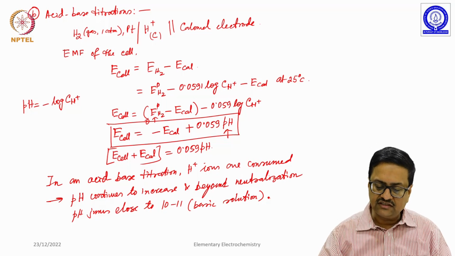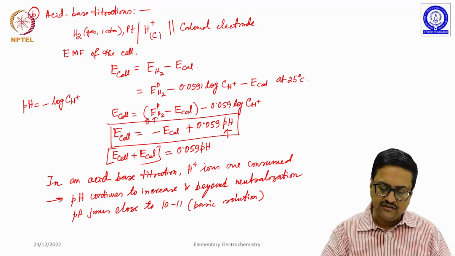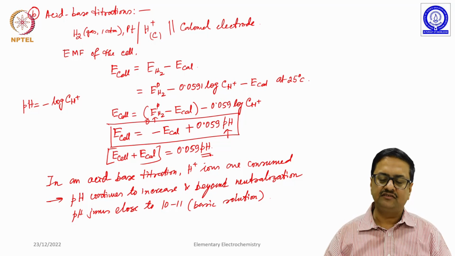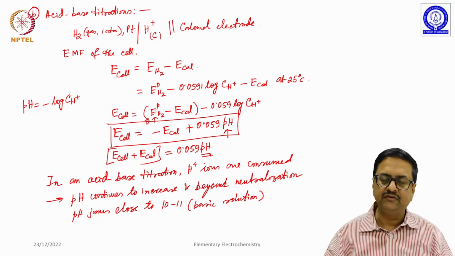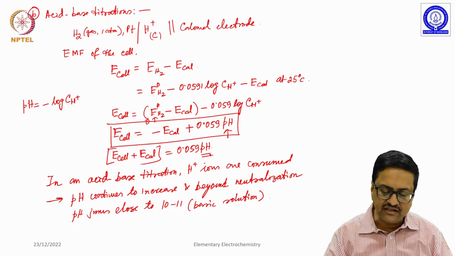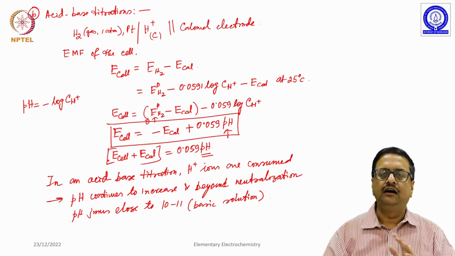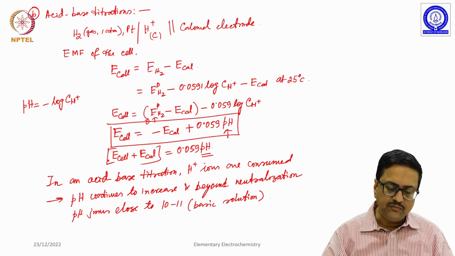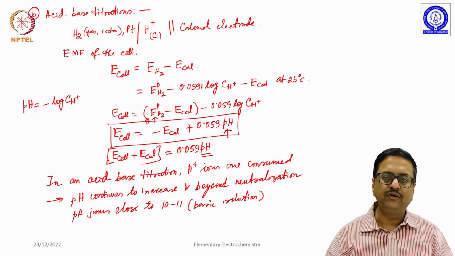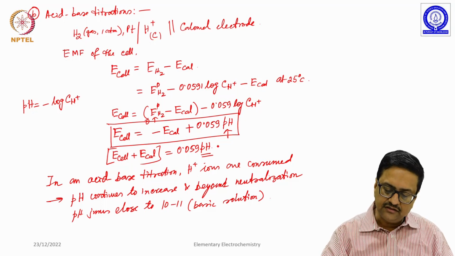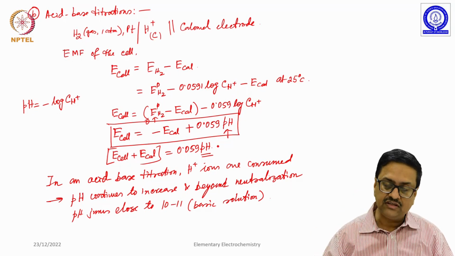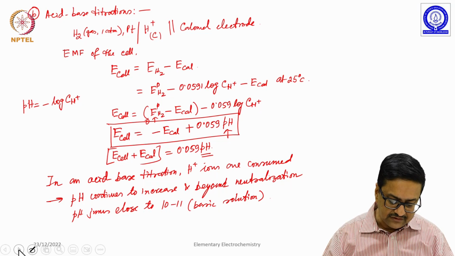So, this experiment can be done by just measuring the pH of a solution using an electrode which is meant to measure pH, coupled to a calomel electrode, and this will give you the value of pH change with the addition of base.